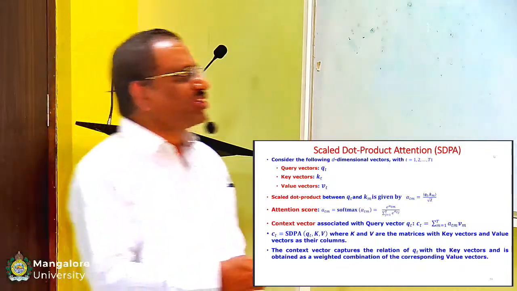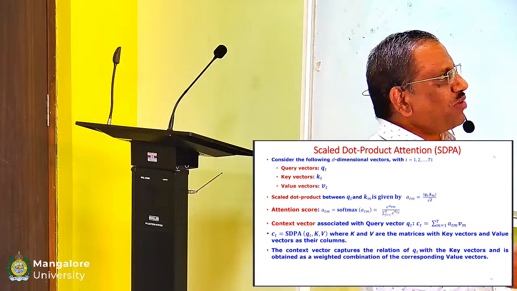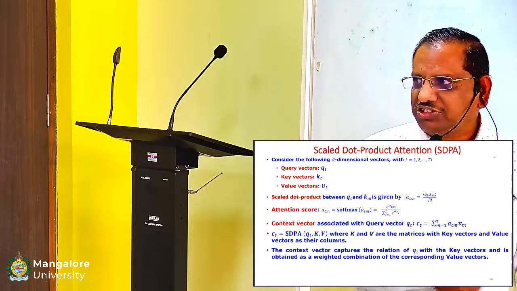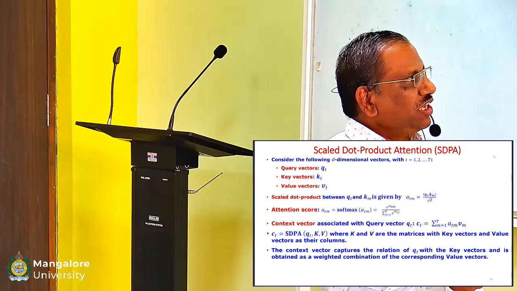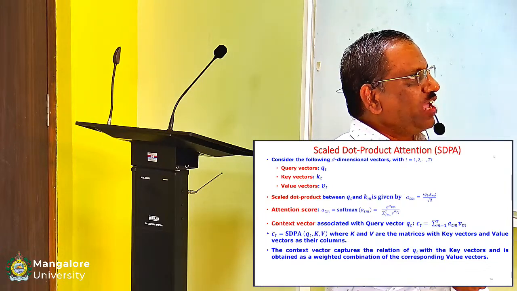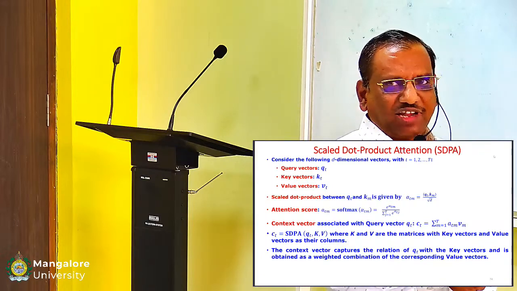So basically this softmax function will guarantee that the result of applying the softmax operation will give us values in the range 0 to 1, right? And the softmax is given by this function: e to the power alpha tm, divided by the summation of e to the power alpha tj, j equal to 1 to capital T, right?